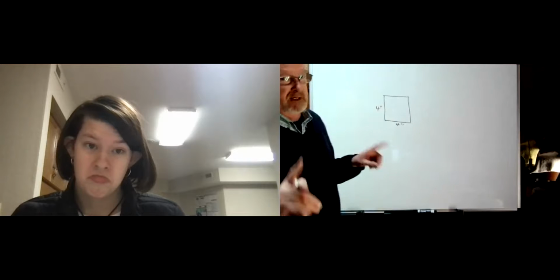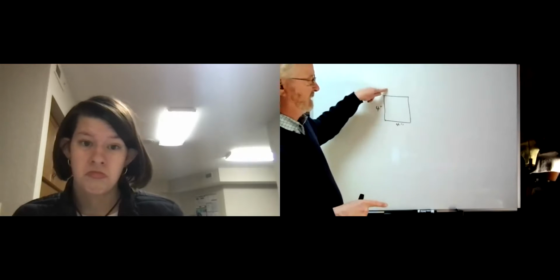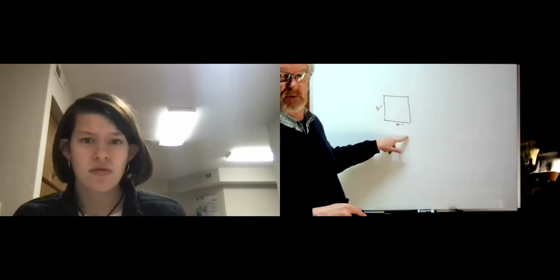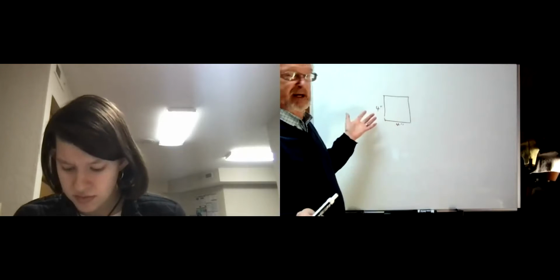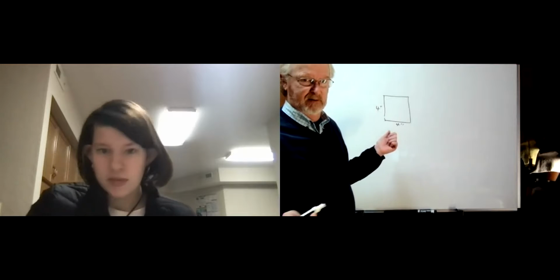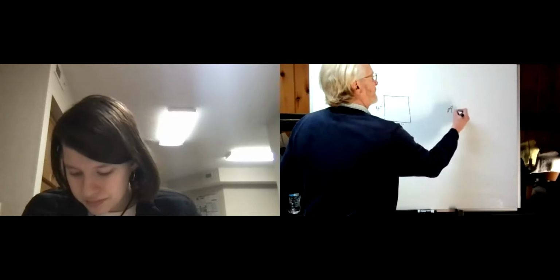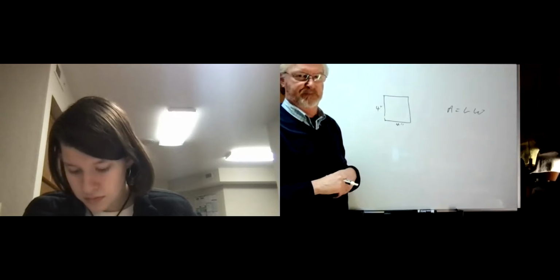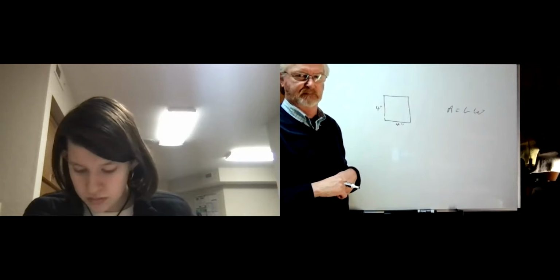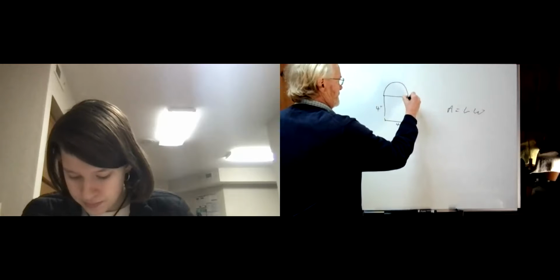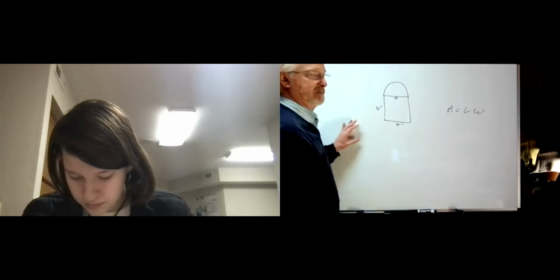If you want perimeter, you add them up, but area is just 4 times 4, length times width. Does that make sense? That gets you the square in the middle. Hmm. This is half a circle with a diameter of 4.